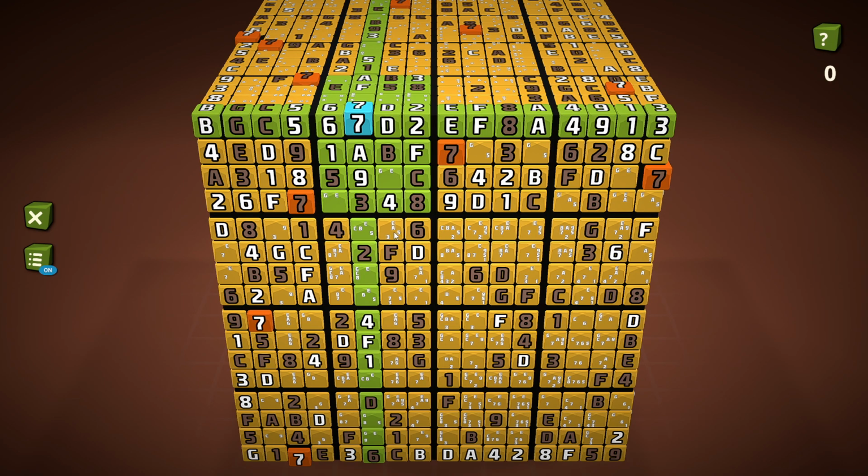Let's see why this top one can't be a 7. Yeah, that is a lot of possible 7s. That is so many possible 7s.